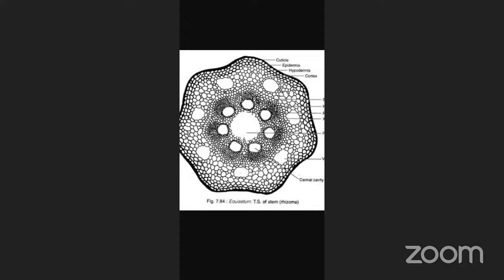And the endodermis varies from species to species. The stele is a siphonostele. We can consider that a siphonostele is present. It consists of a ring of vascular bundles.